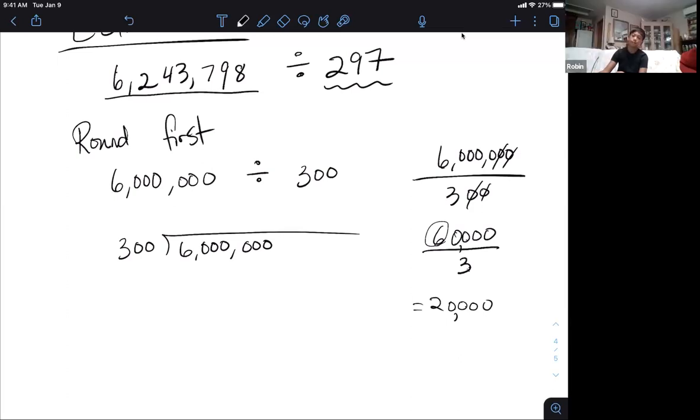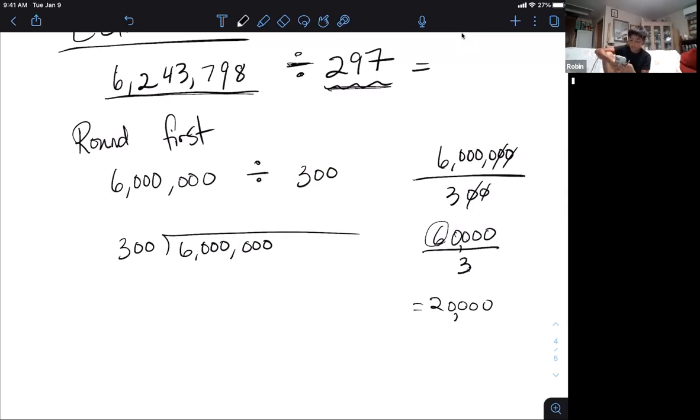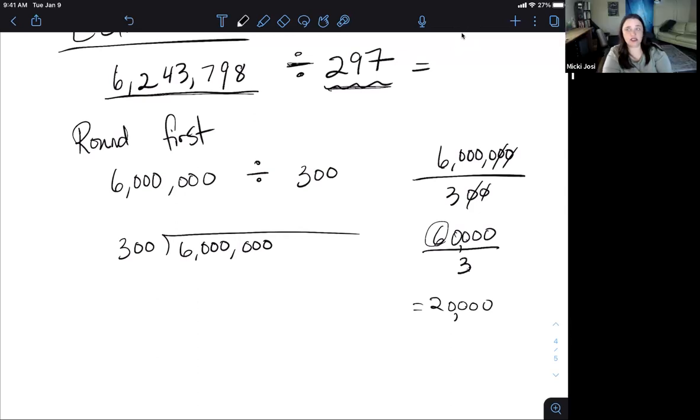Now, do you have a calculator handy? Yeah. So take your calculator, plug in that number, and then push divide and plug in that number, and we're going to see what we get on the calculator. It's actually 6,243,798.